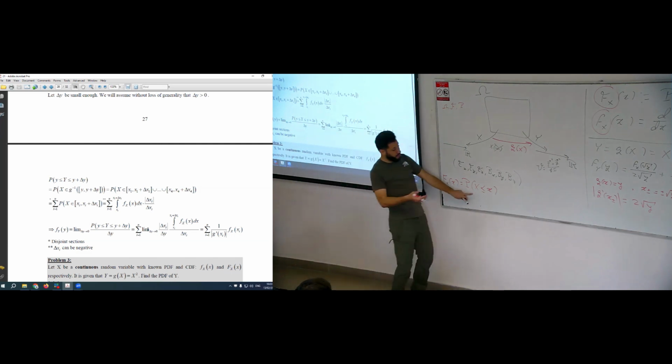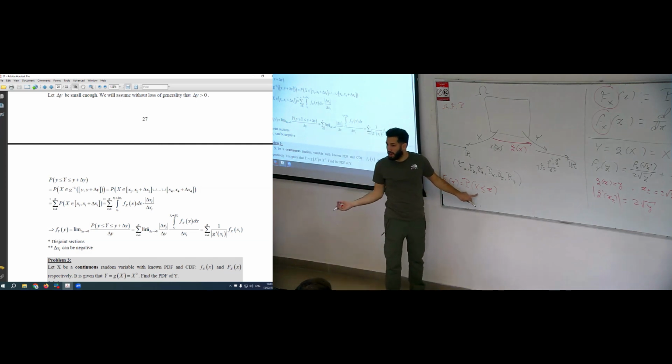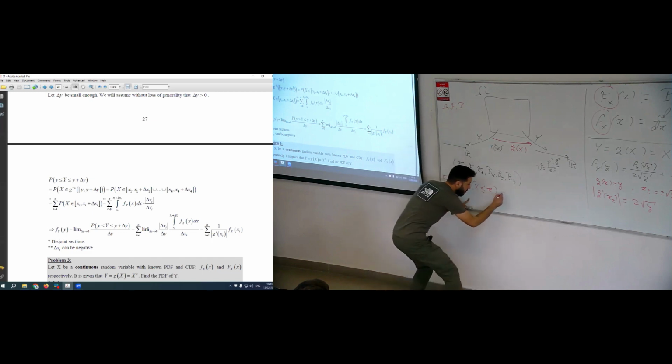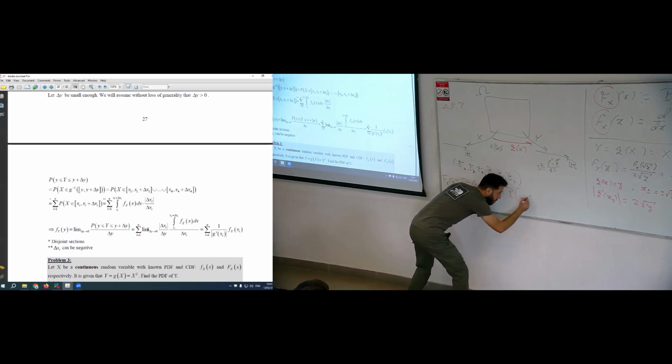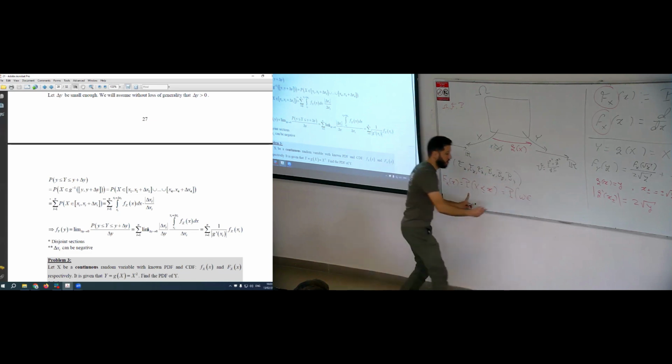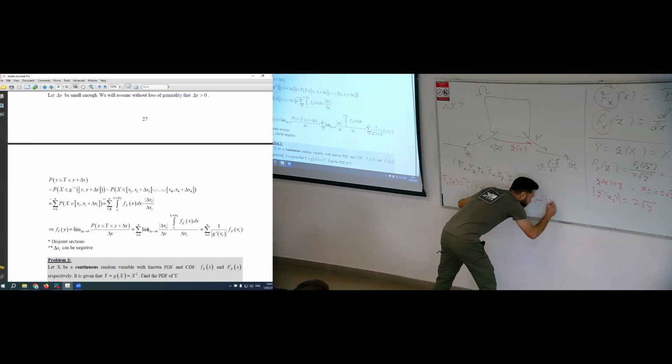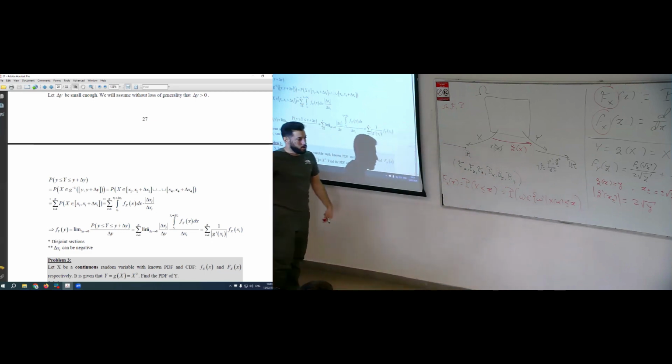So P is defined on the events, not on this. It means the probability of omega being in the set of all omegas that meet the condition that X of omega is smaller than x. That's the meaning of that function. Okay?